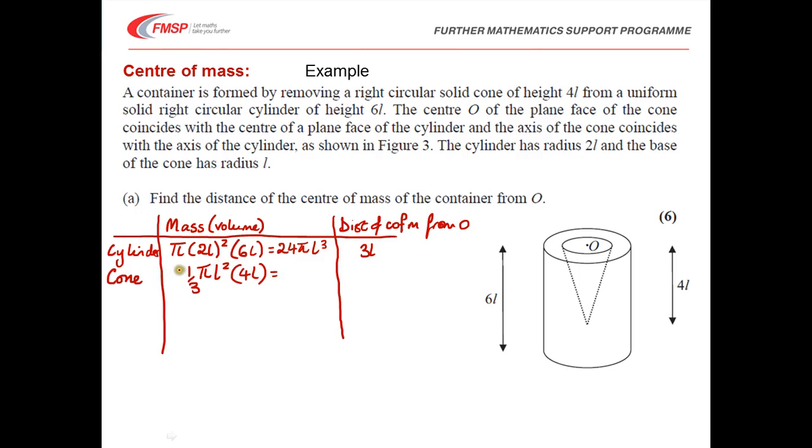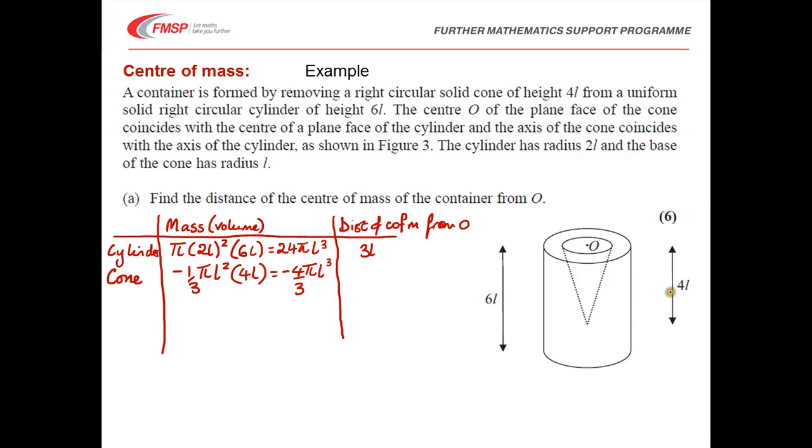Now I'm actually going to make that negative, which seems like a strange thing to do, but because this cone is being removed from the system, its mass, if you like, counts in the opposite direction from the mass of the cylinder, and if I simplify here, that's going to give me minus 4/3 pi L cubed as the volume of the cone.